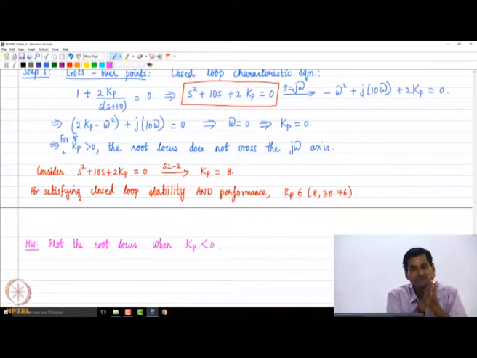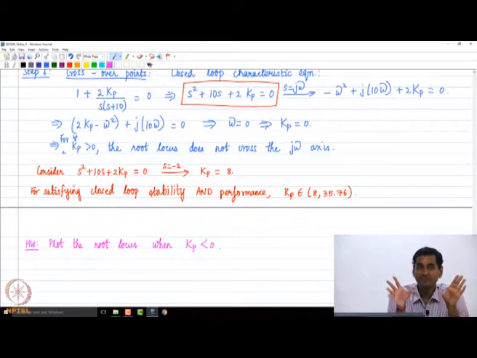That is what will happen when Kp is negative, but the reason I am asking you to do it is because many times people would want the root locus to be plotted for a parameter that is varied from minus infinity to plus infinity. Then you can't essentially plot it in one go.